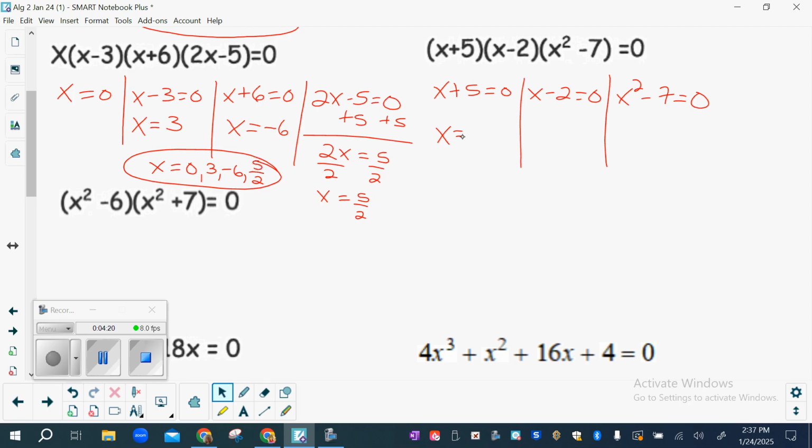So this is going to be x equals -5. X equals 2. What do we do on the last one? Before we do that, what do we do? Add 7.